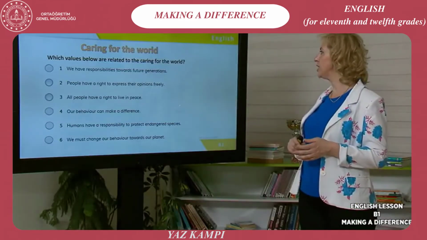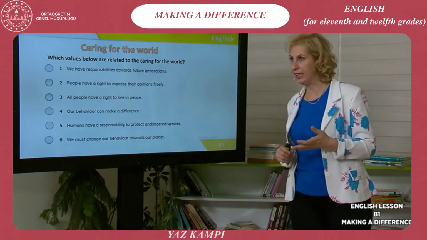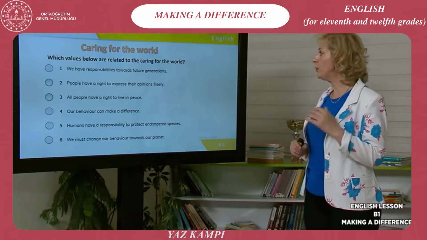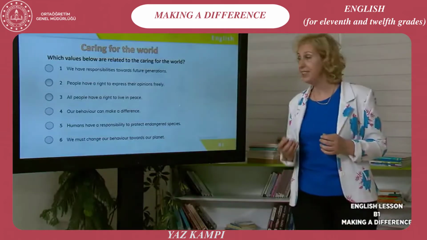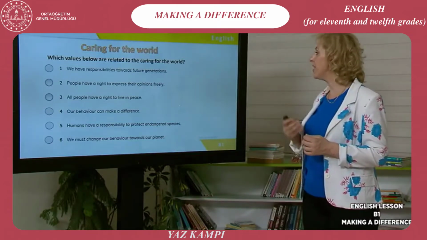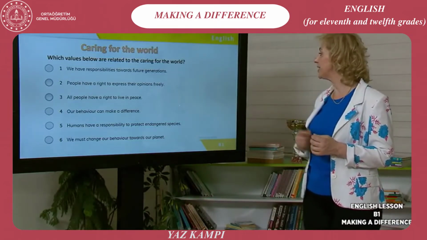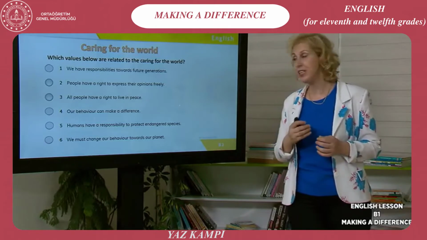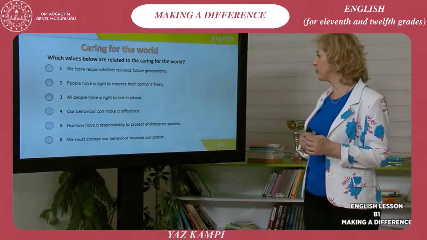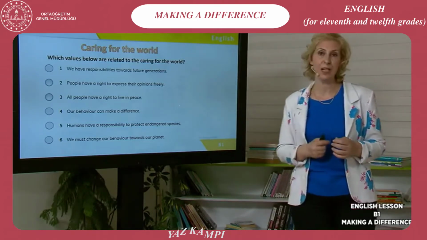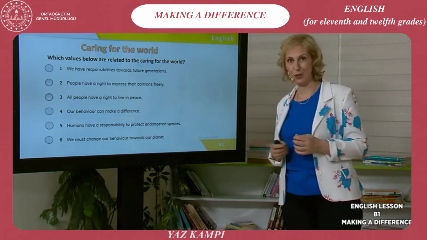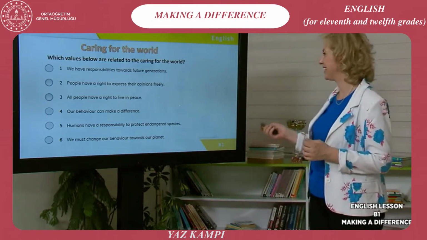People have a right to express their opinions freely. All people have a right to live in peace. Our behavior can make a difference. Humans have a responsibility to protect endangered species. We must change our behavior towards our planet. Yes. Do you wonder about the results? Yes, let's see.